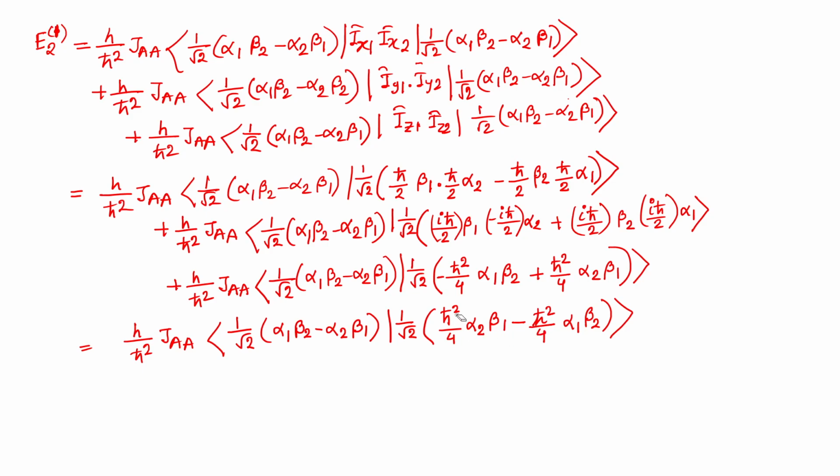So if I take minus h cut square by 4 as a common from here, then it will become alpha 1 beta 2 minus alpha 2 beta 1. So overall this is going to be a normalized case, so it will give you 1.